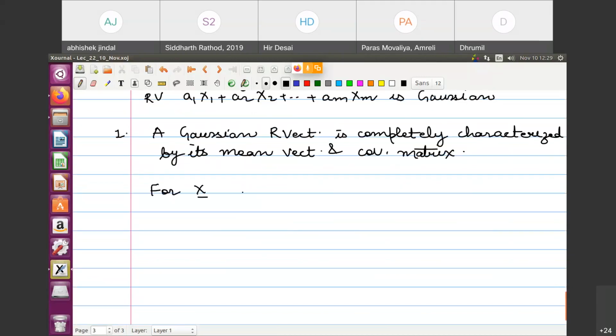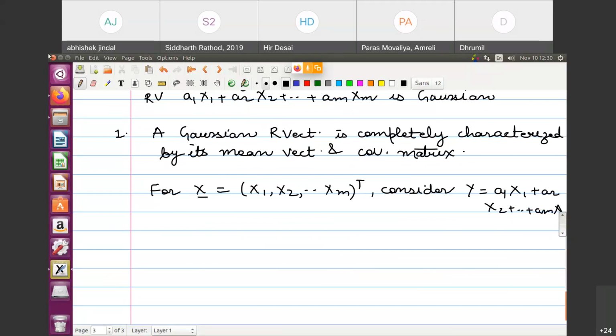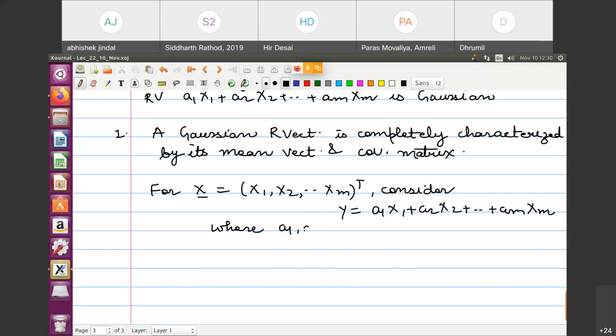So for x bar equal to x1, x2 up to xm transpose, consider y, which is equal to a1 x1 plus a2 x2 plus up to am xm, where a1, a2 up to am are any scalar constants.